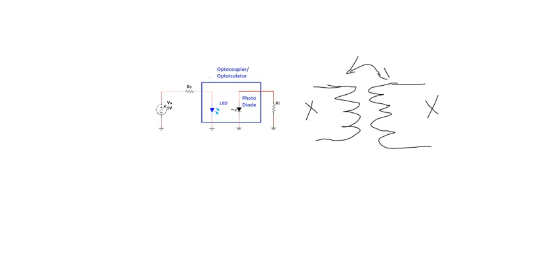Once again, this left side of the circuit from the right side, they're not connected electrically, but they are connected optically. The current going through the LED produces light, which is received by the photodiode, produces a voltage and current in the right side of the circuit. So this is a technique we use sometimes, one of the main uses for it is reducing noise.